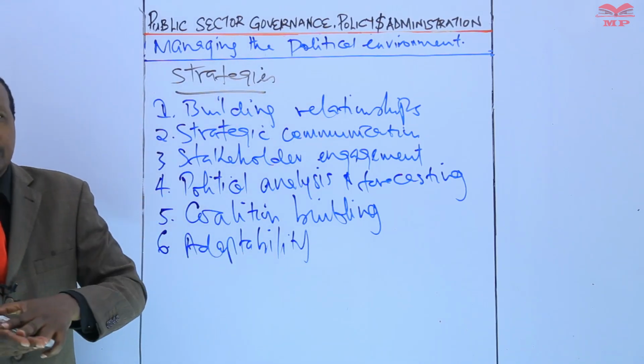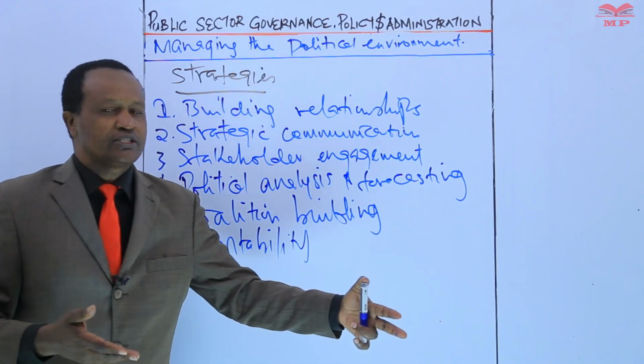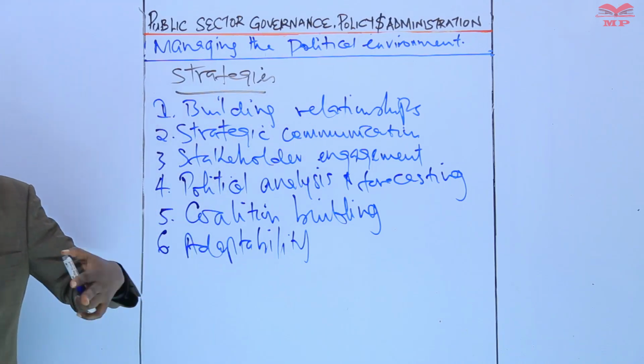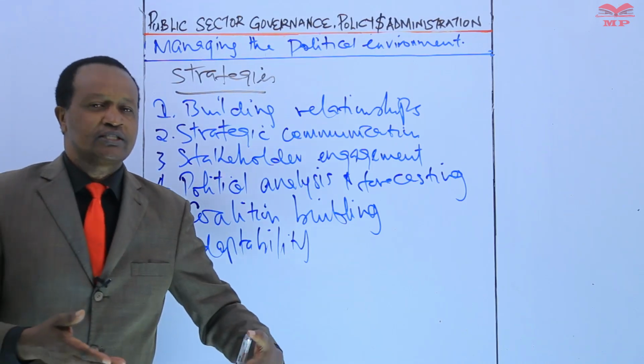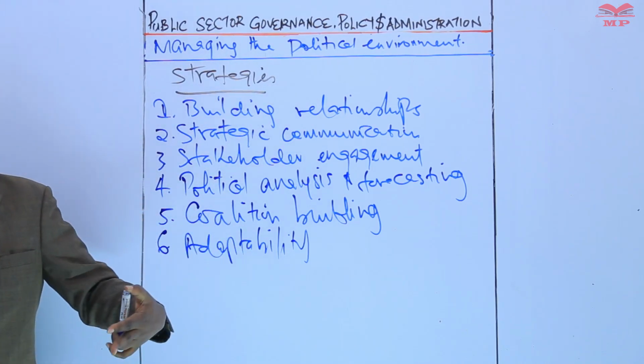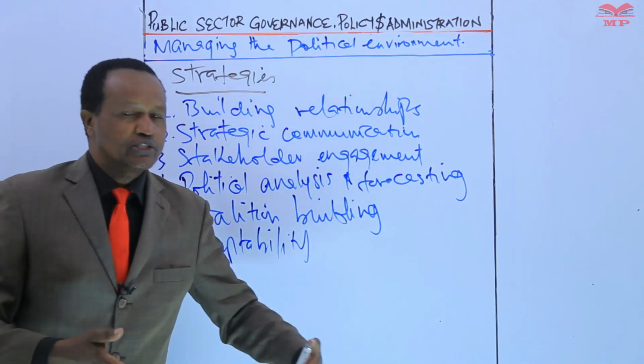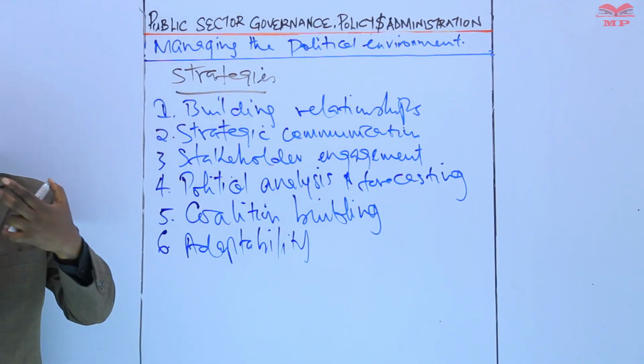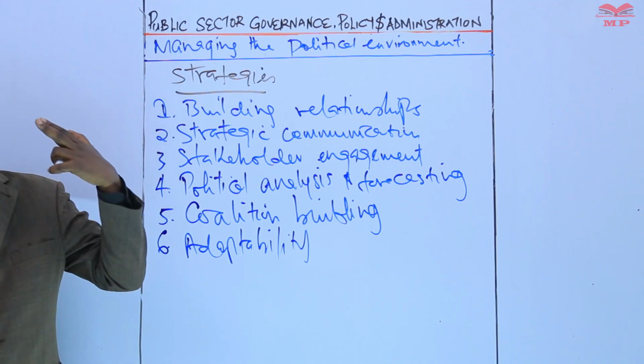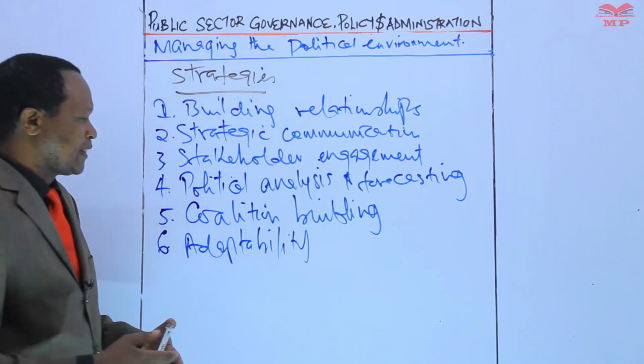And that involves being prepared to adjust strategies. That involves modifying policies. That may also involve responding to changing political realities in order to ensure continued progress towards organizational goals.